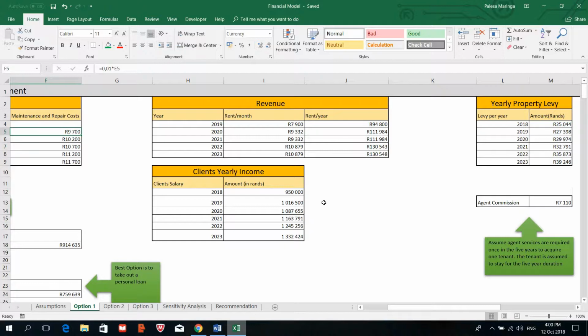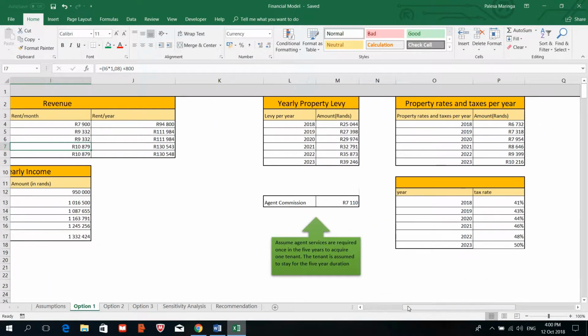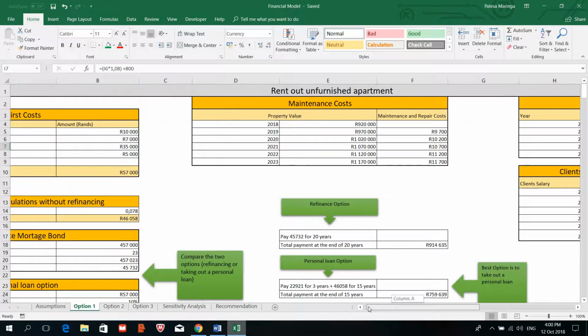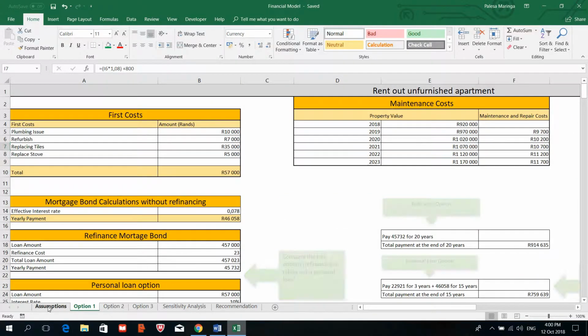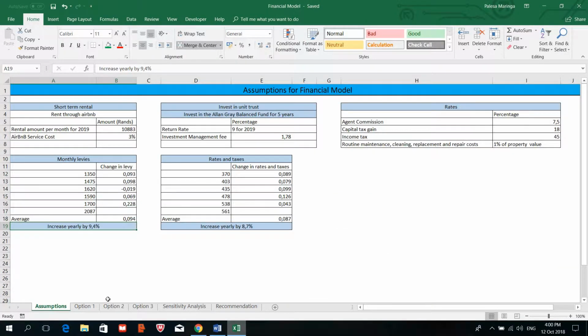The rental revenue was assumed to increase every 2 years with 8%, and the 800 rand is based off of the fact that we replaced the tiles with the laminated floors. We included the 800 rands. The property levies, the property rates and property taxes were calculated as follows.